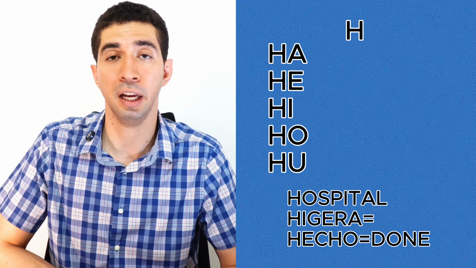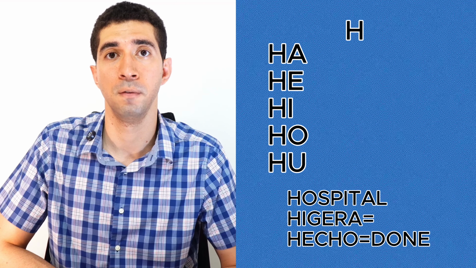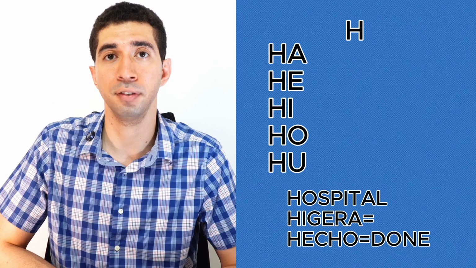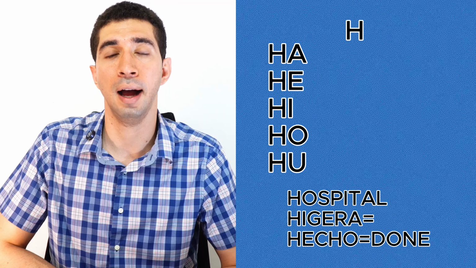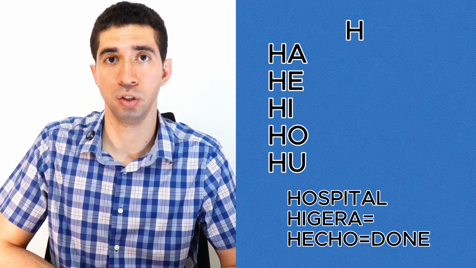Okay, just so you know, the H in Spanish is only going to be surrounded by vowels. So you never have to make a sound other than the vowel. For example, A, E, I, O, U. That is the only sound that you're going to do when you see an H, okay?